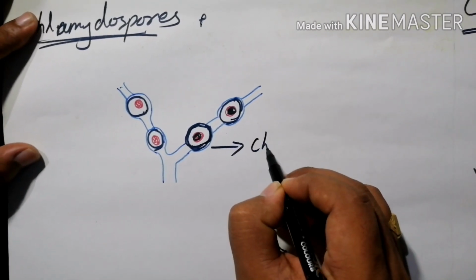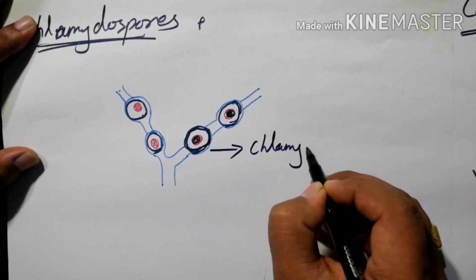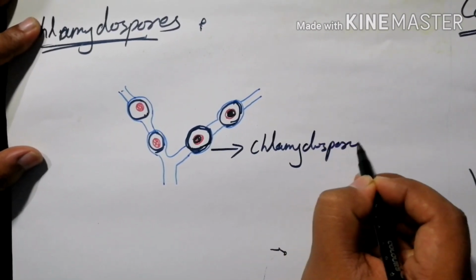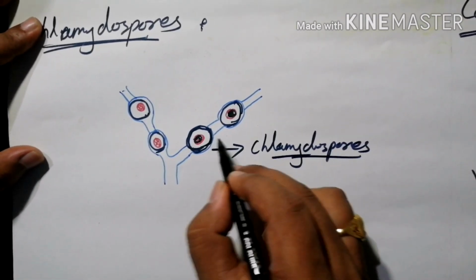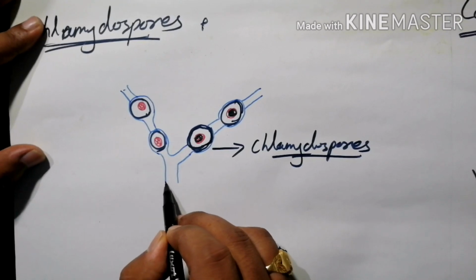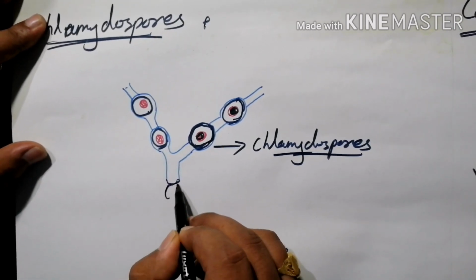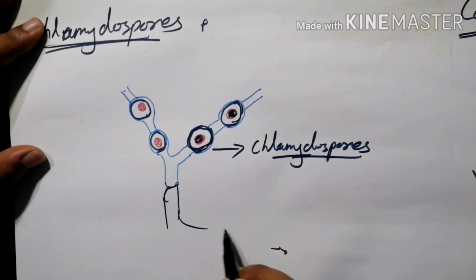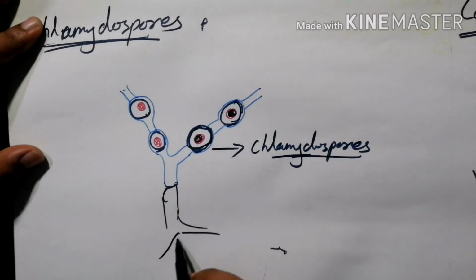Chlamydospores are tough and rounded in structure, and these are the hyphal joints which conjugatively form a rounded structure.